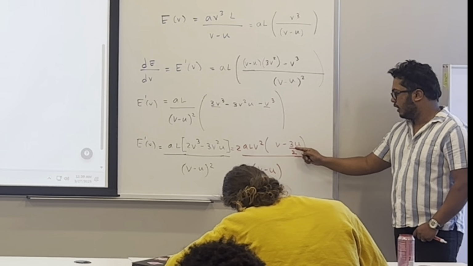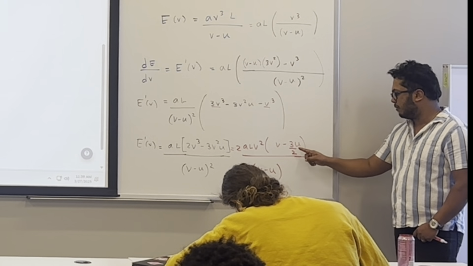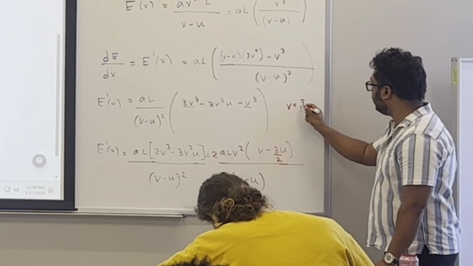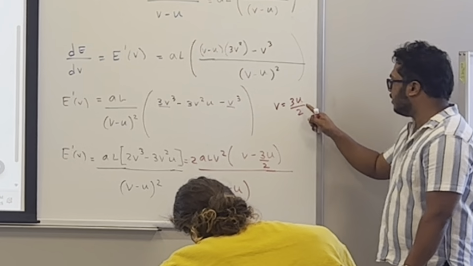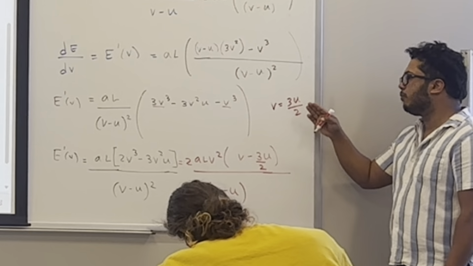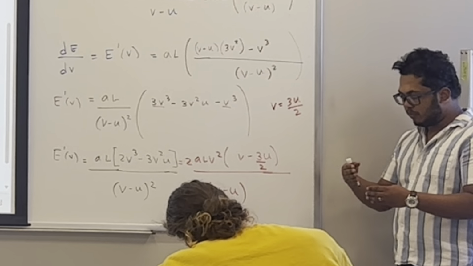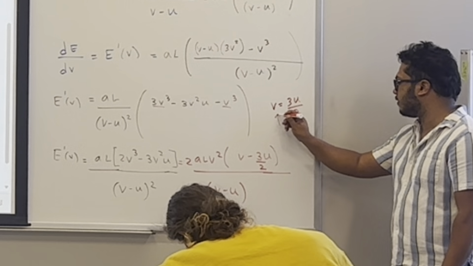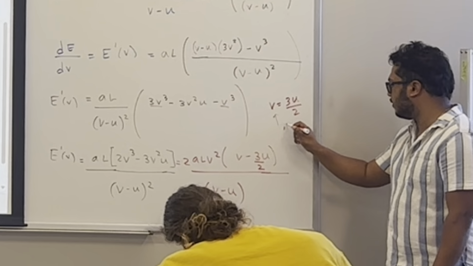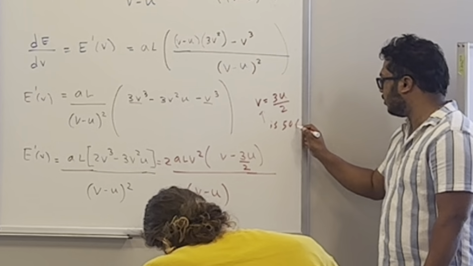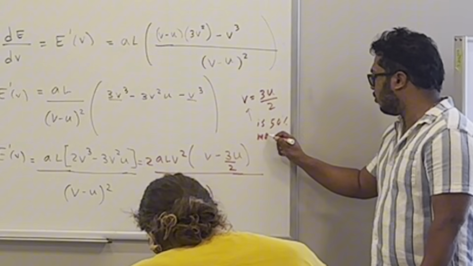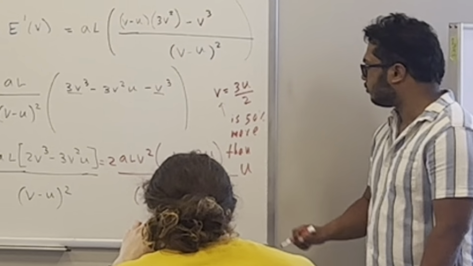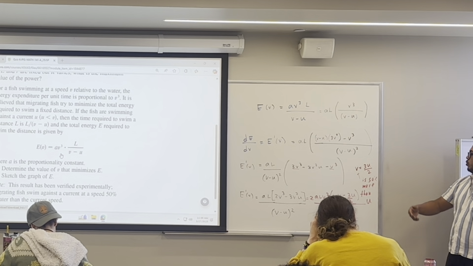V equals 3U over 2 is the extreme point. This is 1.5U. 1.5 means 50% more than U.